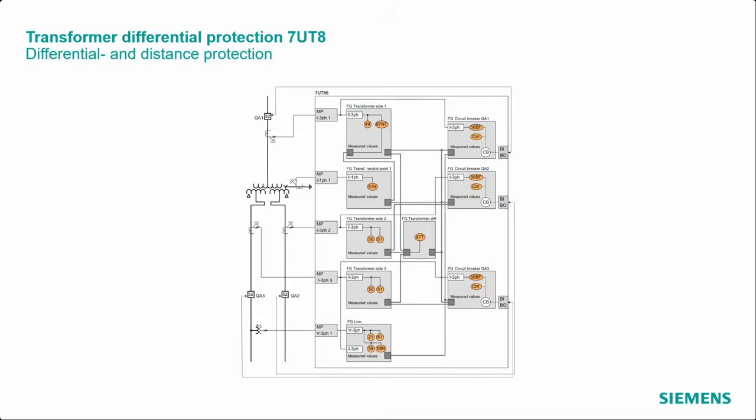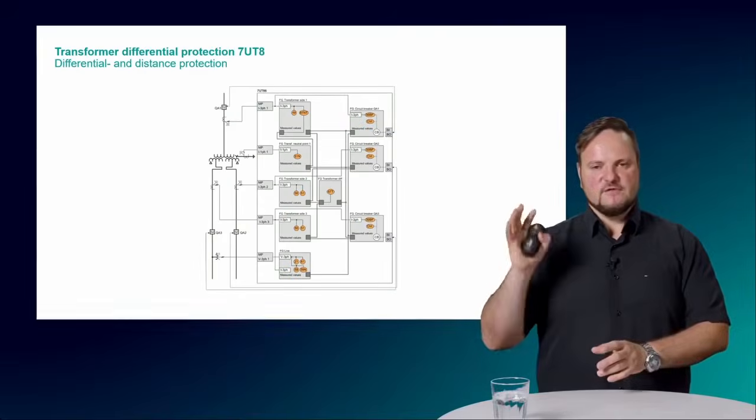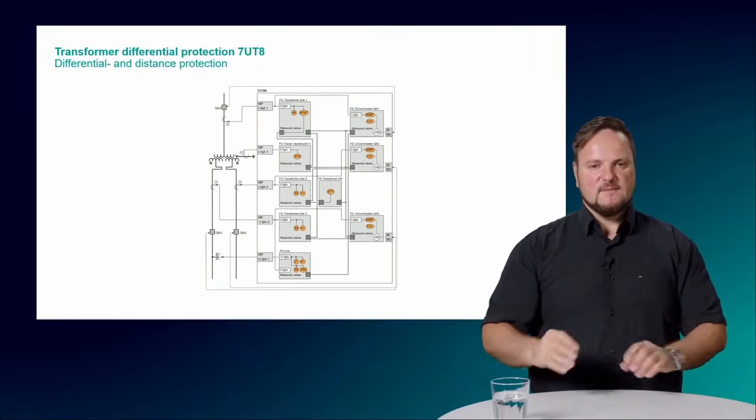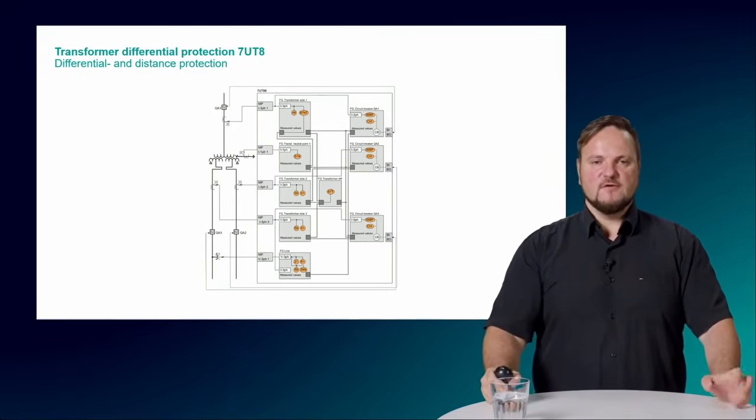Beside the transformer sides for this 3-winding transformer, we have instantiated on the downstream side a function group line, and the function group line contains, for example, the distance protection. This shows you the flexibility of this kind of product. You can use the functions from the library, put them into your project, and find the best solution for your application.